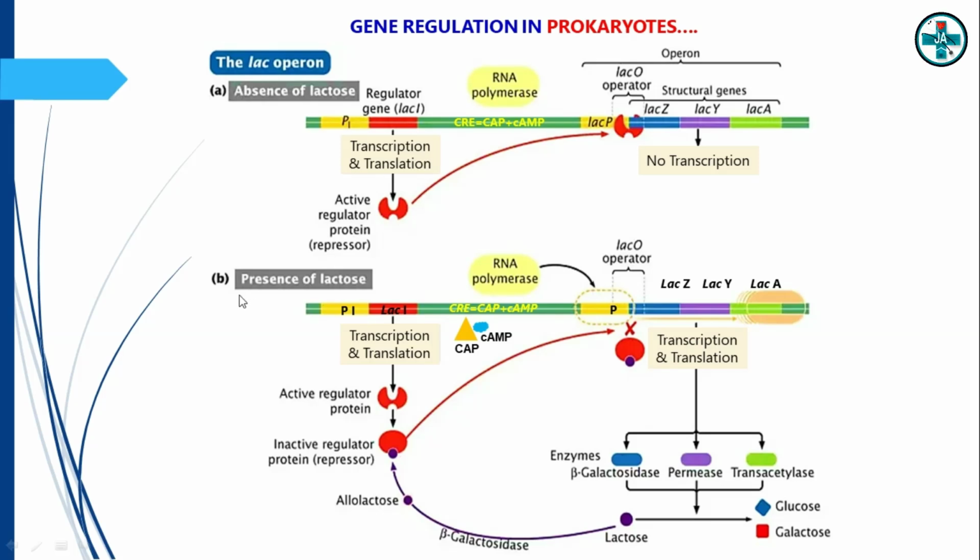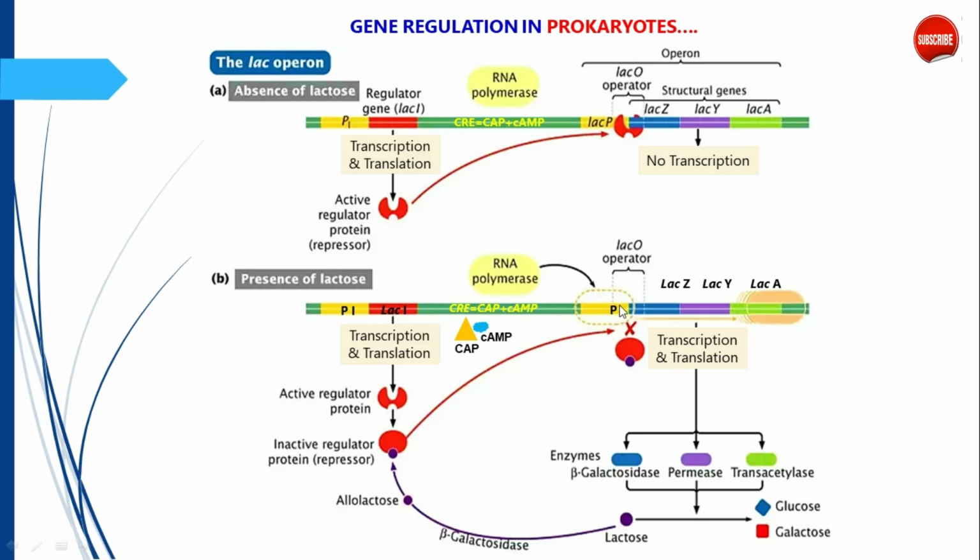In situation 2, that is the presence of lactose, lacI, being a constitutive gene, always synthesizes the repressor protein tetramer. Lactose, which contains glucose and galactose, is hydrolyzed by the galactosidase enzyme and produces allolactose, which will bind to the repressor tetramer, and this repressor tetramer will become inactive and will not be able to bind to the operator.